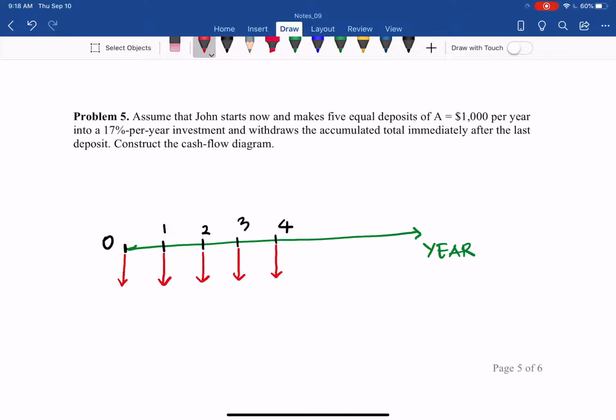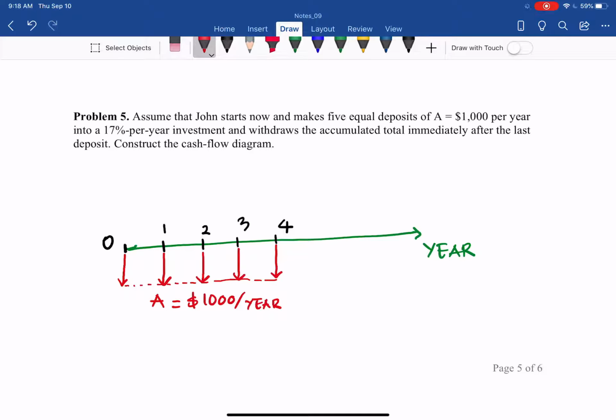They are the same. Or 2 is the end of year 2 or the beginning of year 3. He deposits A = 1,000 per year 5 times. So 4 means the end of year 4 or the beginning of year 5.